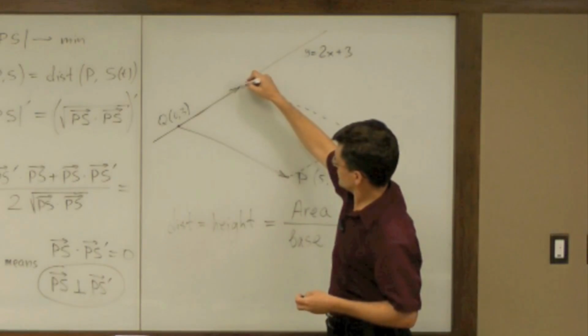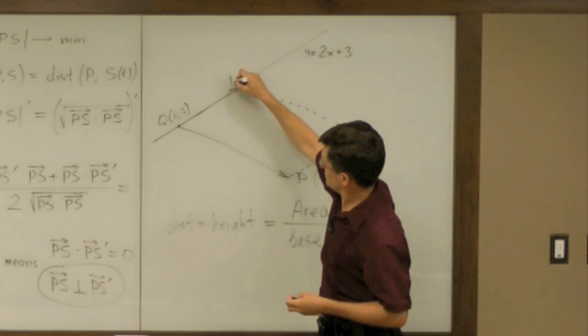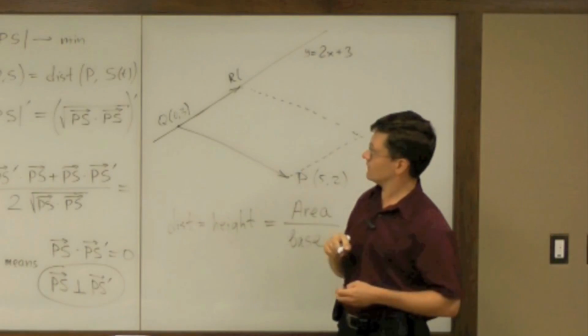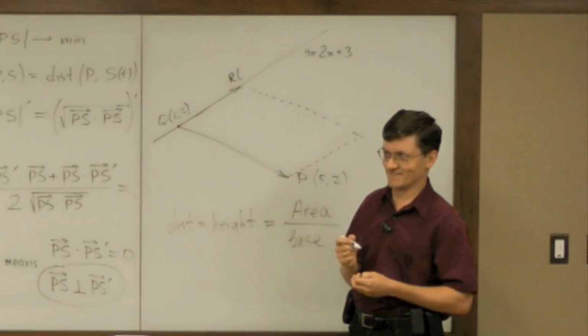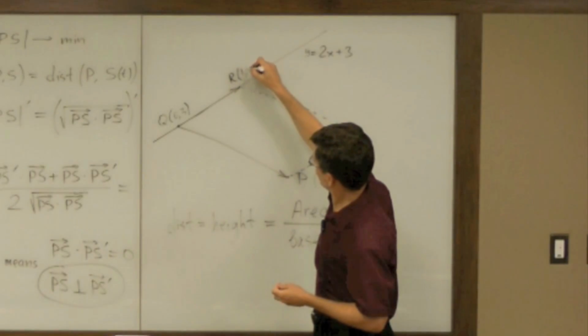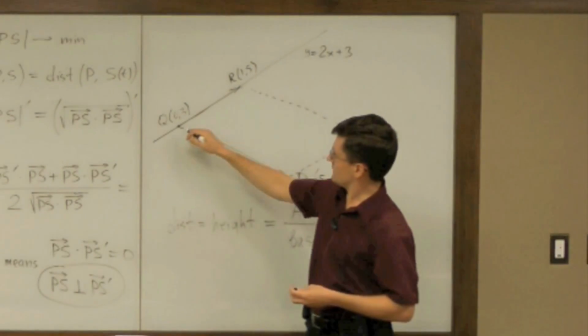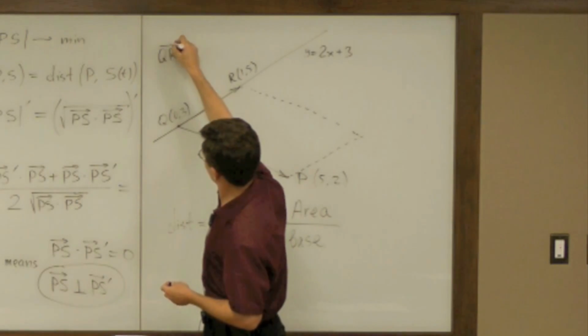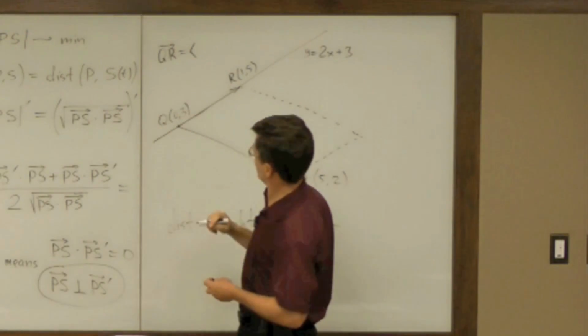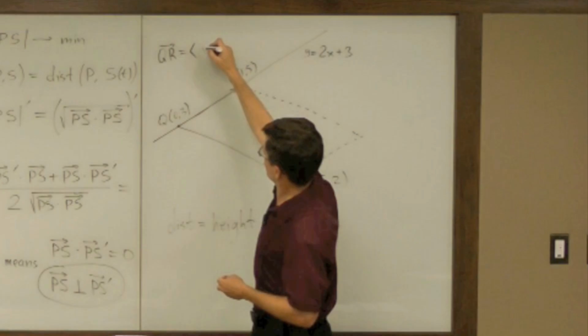Can you pick another one? Can you pick 2 points on the line? 1, 5. Can you make a vector QR? 1, 2.